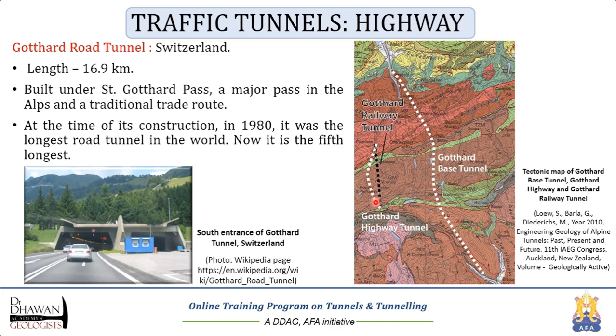This is a 16.5 km long tunnel. It was constructed in 1980s. It was the longest road tunnel in the world at the time of its construction, and now it is the 5th longest. You can see the south entrance of this tunnel in this picture.